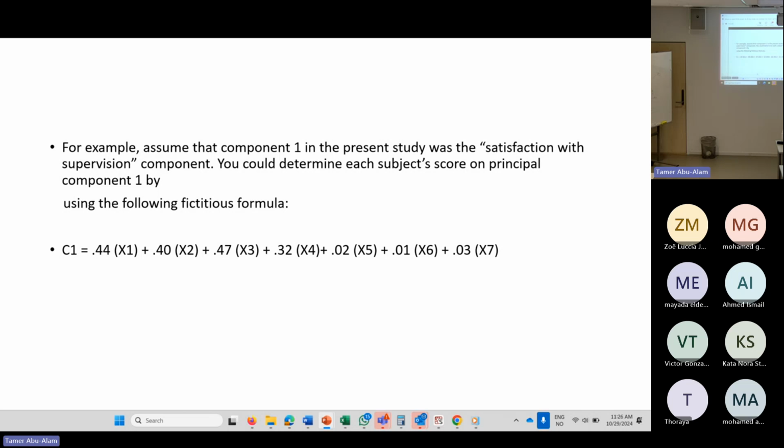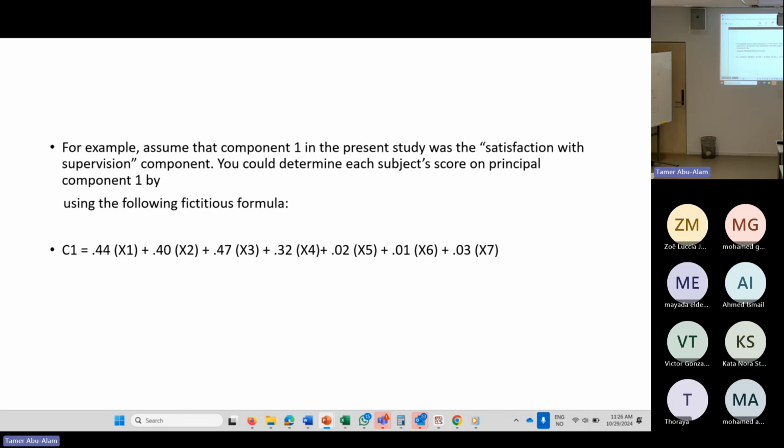And then you say, I have 3 components. C1, this is the equation of C1. But it's just an equation, it's not a value. How can we get the value? Go to your data and get one row. In this row, you have X, Y, Z, and the different variables. Get the numbers from these variables and put them here.